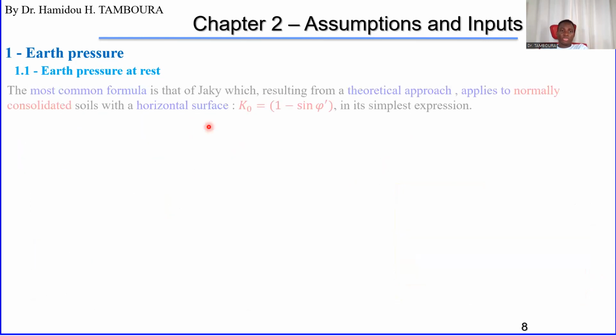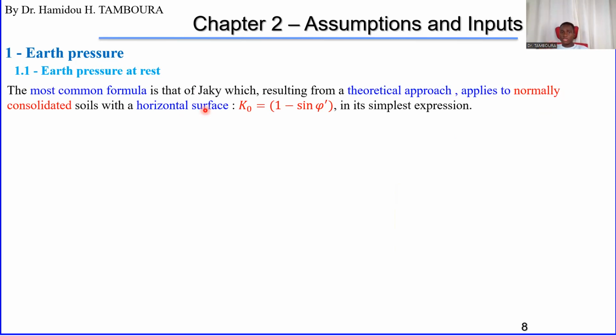Okay, so the most common formula, the analytical formula, theoretical approach, is in case of normally consolidated soil and horizontal surface, meaning the surface is not inclined, then you can use this formula for K0: 1 minus sin phi prime, the friction angle.